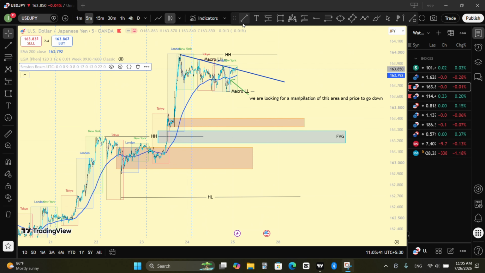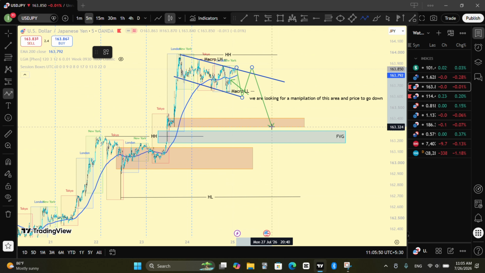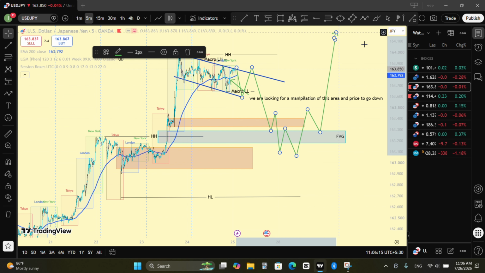So what price could do is grab this trend line liquidity, then come to this area or manipulate it, create a fair value gap, then maybe it could break this area too and come to this area right here, and price has to shift the market structure also, lower time frame structure, and price could go to the upside.